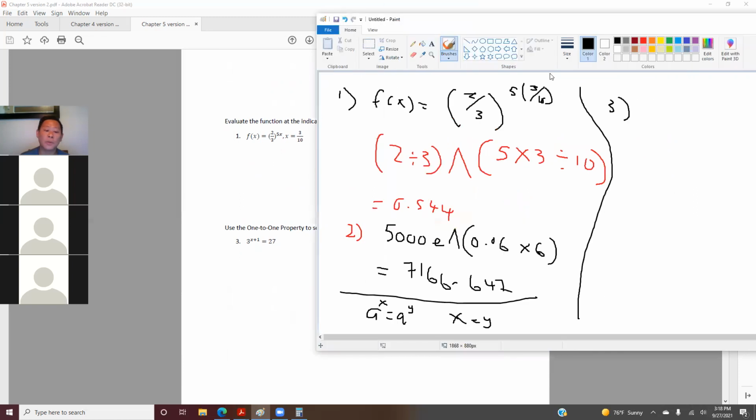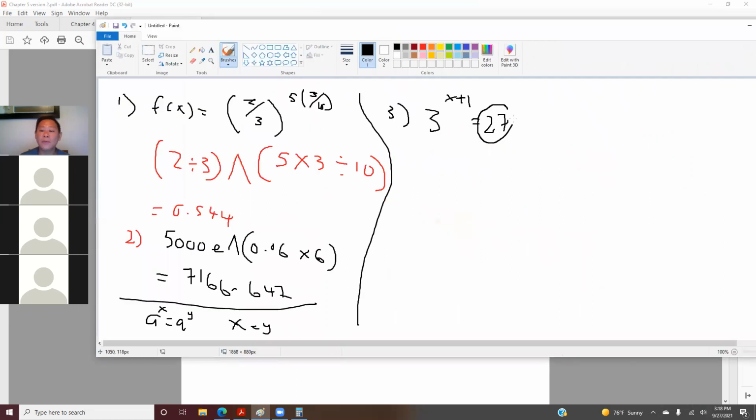Like question number 3, we have 3^(x+1) equals 27. In order to use the one-to-one property, we have to change the 27 to 3 to the power of something. Can someone tell me 27 is 3 to the power of what? 3, yep. So you need to know a little bit of exponents here.